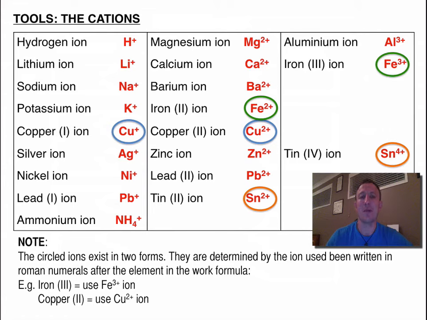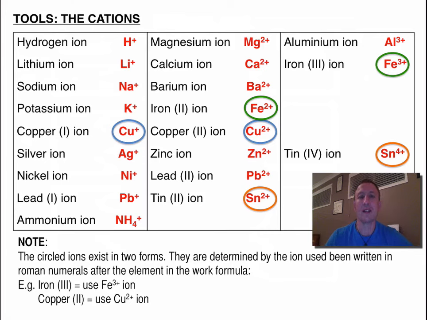Copper can exist as a Cu1+ ion or a Cu2+ ion. Iron can exist as an Fe2+ ion or an Fe3+ ion, and tin as an Sn2+ ion or an Sn4+ ion. Why they occur will probably be studied later, in another course or higher up in your chemistry. For now, we just need to know how to use them.